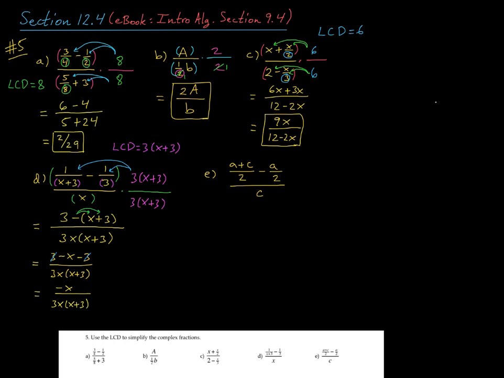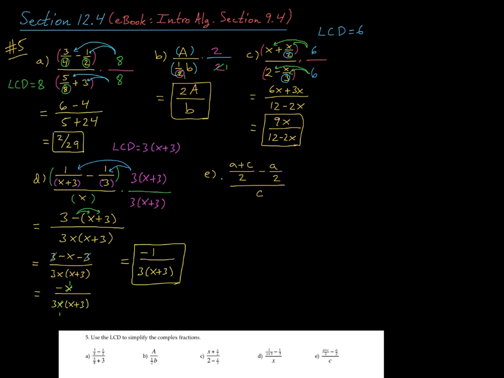And then lastly, notice there's an x here and an x there, so I can divide those out. And so now we're going to be left with a negative 1 all over 3 times the quantity x plus 3. Okay, and that's going to do it for part D.